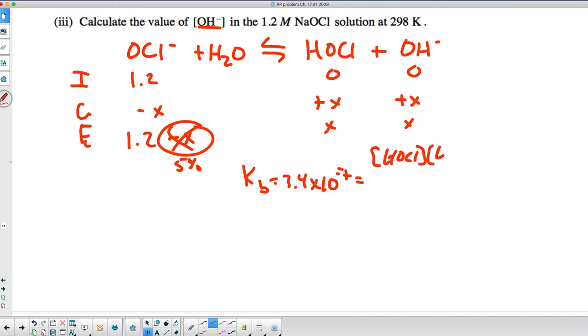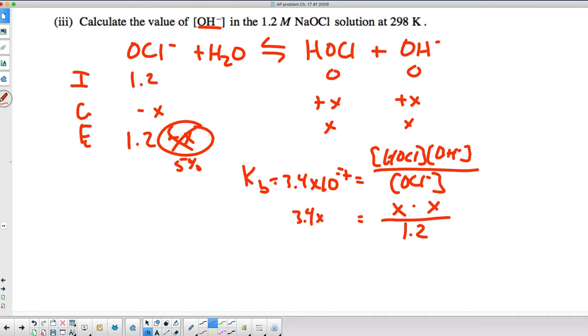That equals HOCl times OH minus, all divided by OCl minus. When I substitute in, I get x and x over 1.2 equals 3.4 times 10 to the negative 7th. I multiply both sides by 1.2 and get 4.08 times 10 to the negative 7th, which equals x squared.